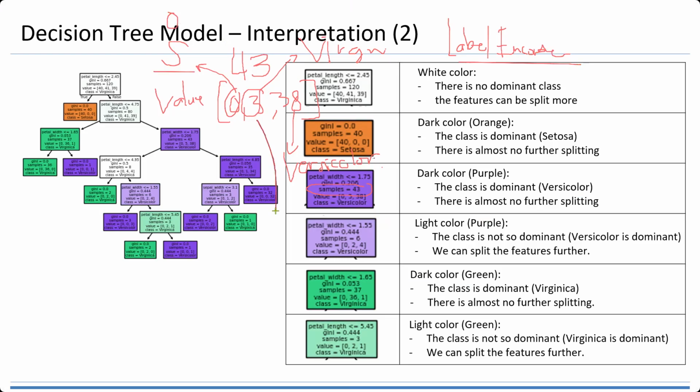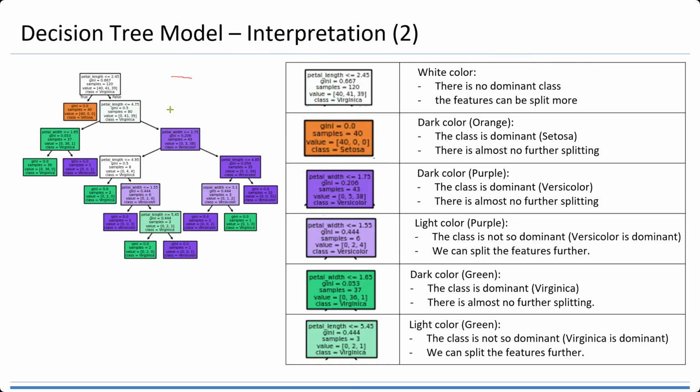The second one, Virginica, is index 1. And the last, index 2, is versicolor. Then it means index 0 is Setosa, index 1 is Virginica, and index 2 is versicolor.